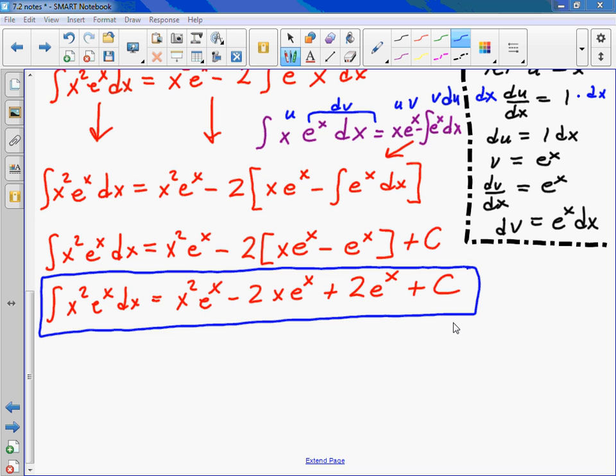Okay, you may be right, doubting Alex, but let's check it by, you guessed it, taking the derivative with respect to x of each one of these elements and seeing what happens.